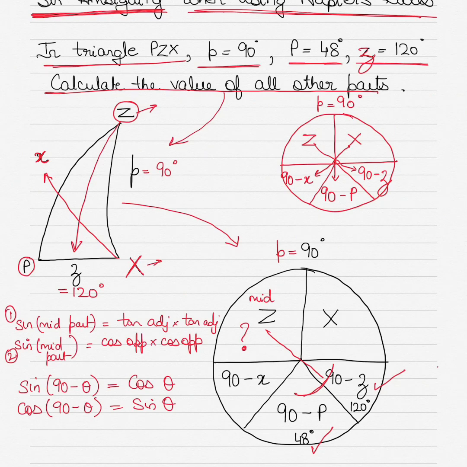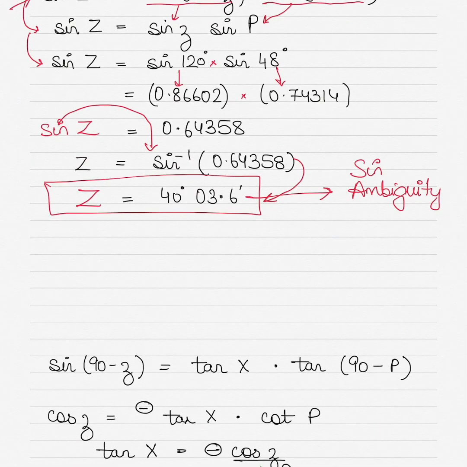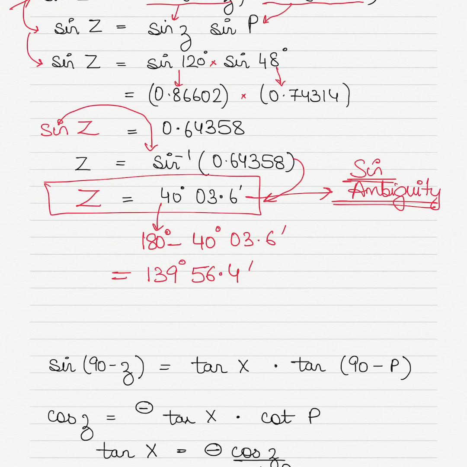So here side z is 120 degrees, so angle z cannot be 40 degrees 3.6 minutes, it also has to be more than 90 degrees, and this is where the sign ambiguity will occur. So to find the correct answer, whatever you have found, you subtract it from 180 degrees. So 180 degrees minus 40 degrees 3.6 minutes will give you 139 degrees 56.4 minutes.